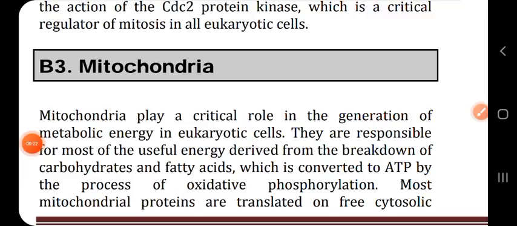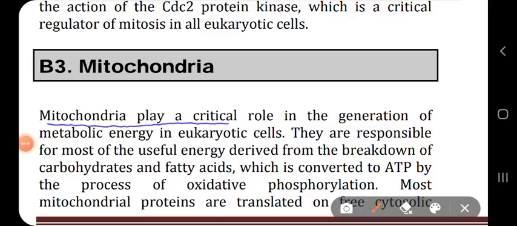So, we will discuss mitochondria today. Mitochondria play an important role in generation of metabolic energy in eukaryotic cells.